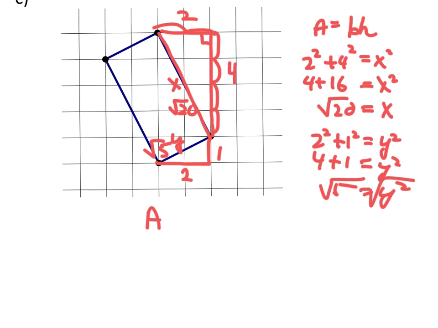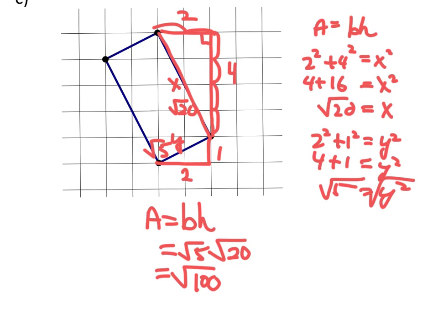So if the area is the base times the height, then it's going to be square root of 5 times the square root of 20, which, since they're both under radicals, we can multiply them together, and that equals radical 100, where the square root of 100 equals 10. So the area is 10 units squared.